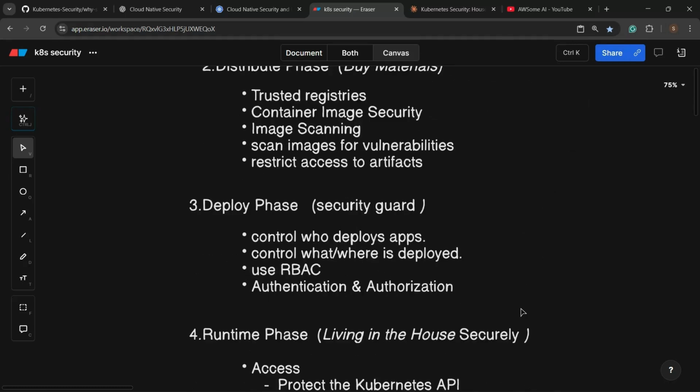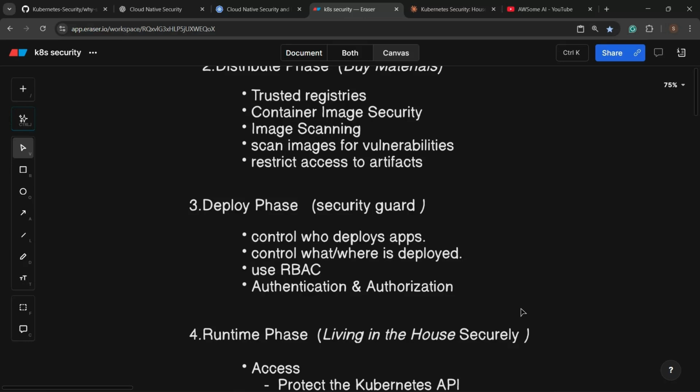Now the next phase is deploy phase, which means having a security guard for your house who always makes sure who has access to your house and who can enter into your house. It's like in your organization, only the admin people can access the secrets and configs of your cluster. No one else can access.